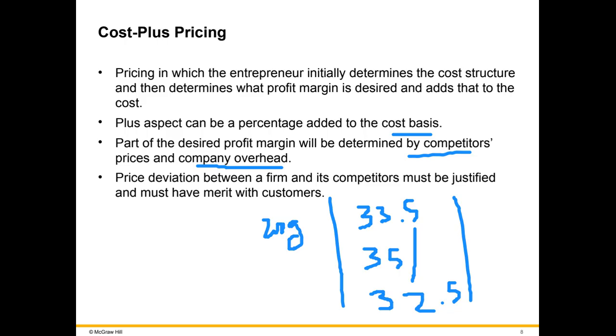So instead of competing with each other on the basis of pricing, they let everybody take a decent profit margin, and then they put the extra money they make into marketing and creating a differentiation between them in the minds of the customers, so that they can pick and choose which product is better for them. So price deviation between a firm and its competitor must be justified and must have merit with the customers.